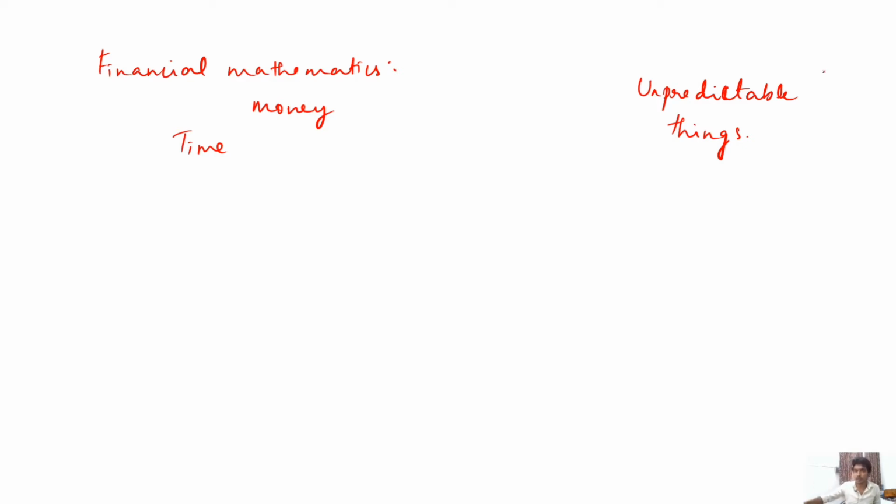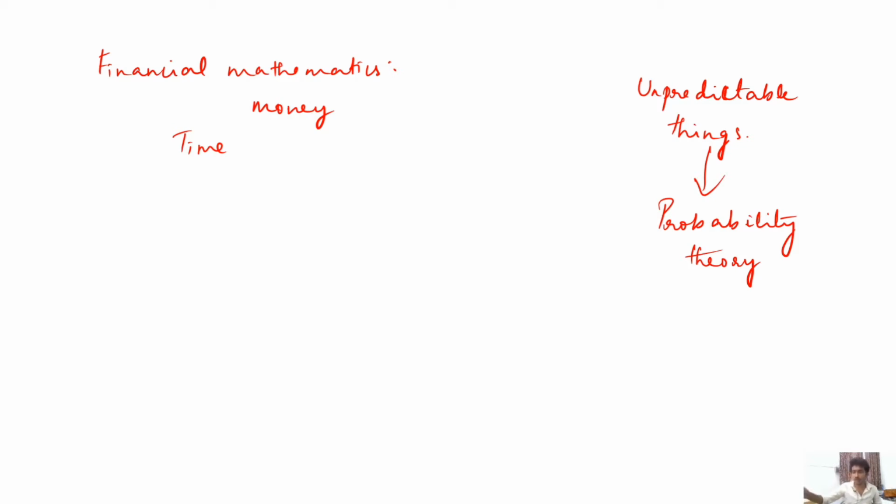Whenever these unpredictable things occur, we will have to go for probability theory. Most of us might have heard of probability theory, the basics of which we studied in SSLC itself.